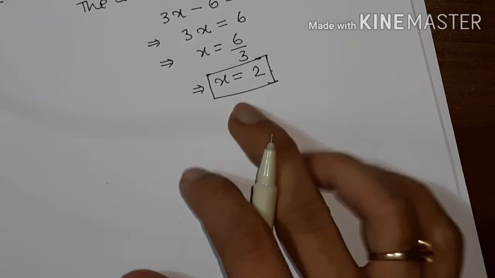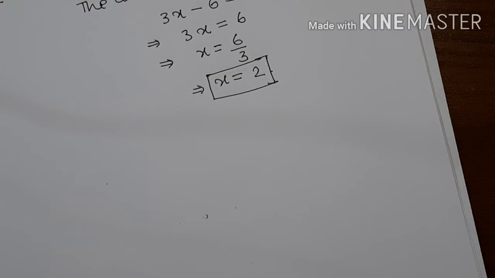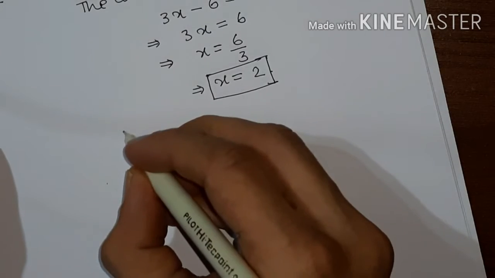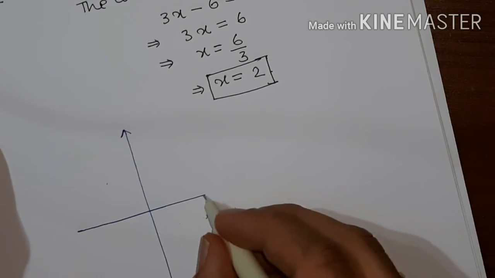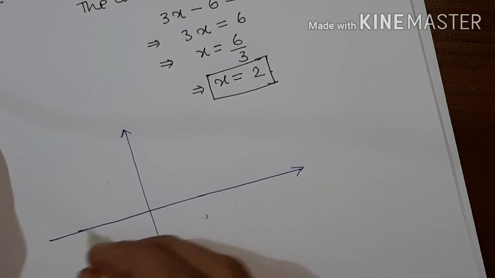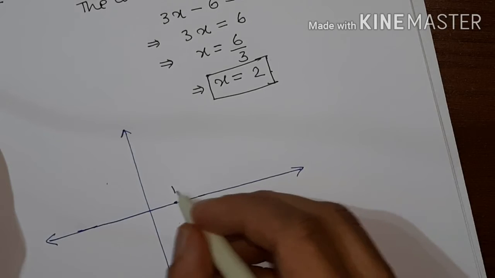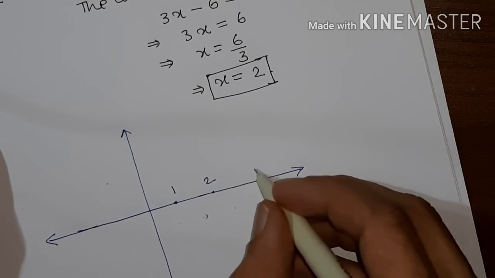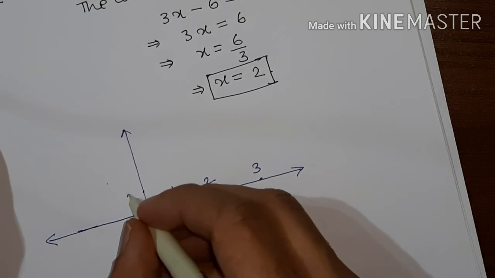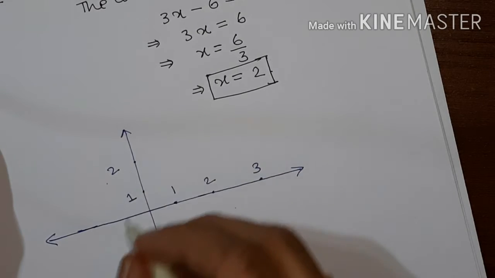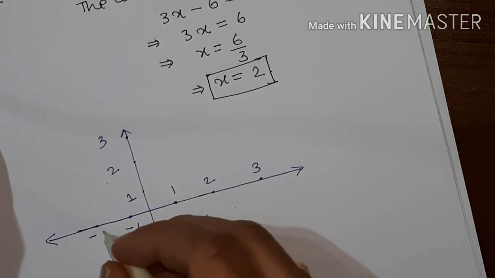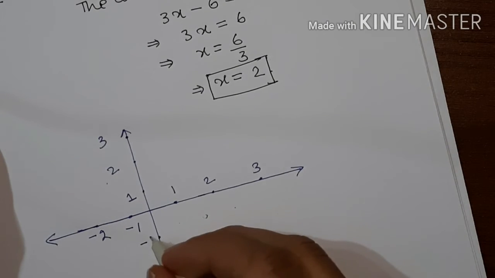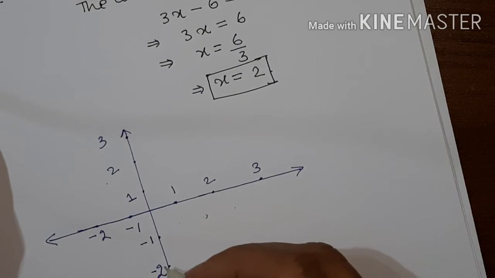Now we have to plot this line first on the coordinate axis. So suppose this is the coordinate axis. This is 1, this is 2, this is 3, this is 1, this is 2, this is 3, and this is minus 1, minus 2, minus 1, minus 2.